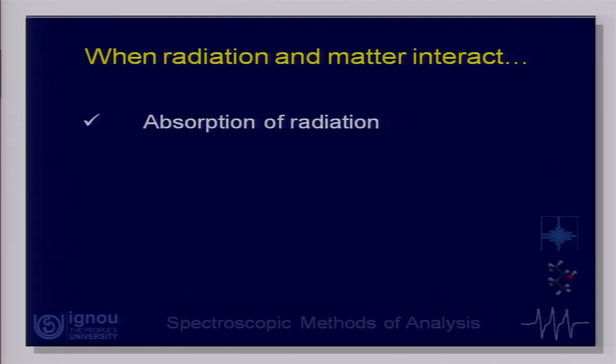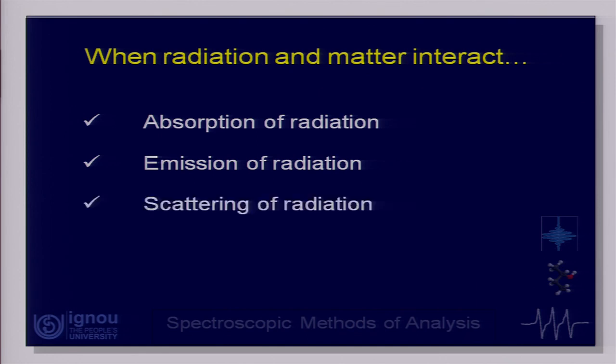One is that the radiation is absorbed, which is called absorption of radiation. Or it may happen that the matter is already in an excited state, having high energy, and it can emit radiation. That is the second possibility. The third possibility is that there can be scattering of radiation. Let us learn about each one of them one by one.